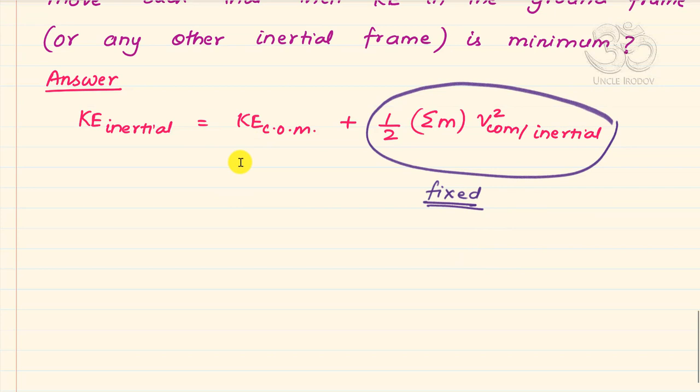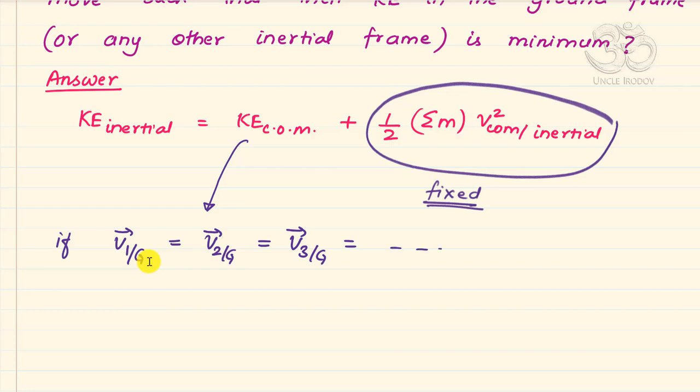And if all the particles are moving with the same velocity as the center of mass, so if V1 in the ground frame is equal to V2 in the ground frame is equal to V3 in the ground frame, and so on for all the n particles, is equal to V center of mass.